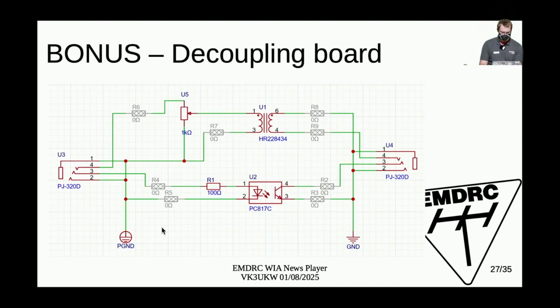So here's a circuit. It's a very simple circuit. You've got your input on one end and your output on the other end, and you've got two channels. On the top, you've got an audio transformer.